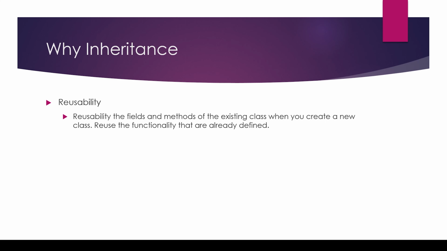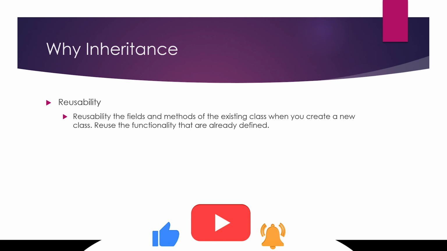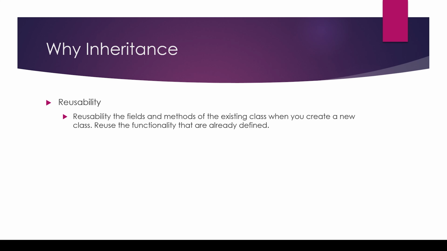You don't need to write your code again for that functionality from scratch. You just inherit this functionality or behavior from the parent classes. That is one of the benefits of inheritance, reusability of the functionality. Reuse the functionality that you have already defined in your parent classes or base classes.